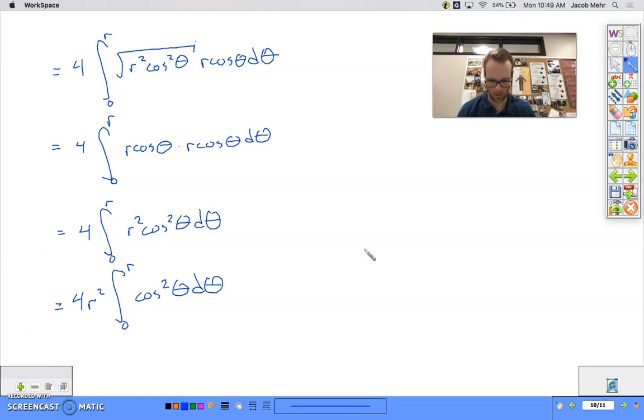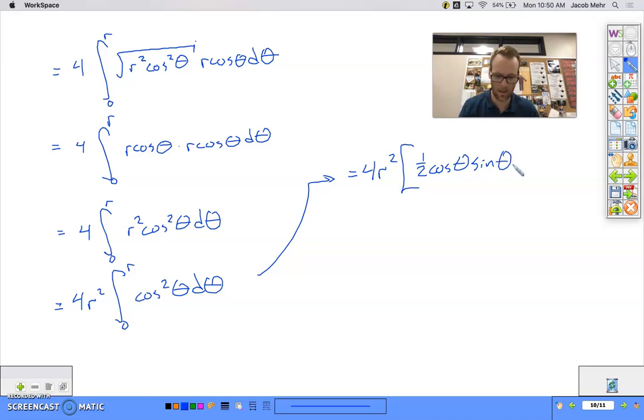I have it written down handy. You might need to look it back up. You probably should have added this to your derivative antiderivative book at some point. So we have 4r squared times the antiderivative of cosine squared, which is 1/2 cosine of theta sine of theta plus 1/2 theta, from 0 to r.